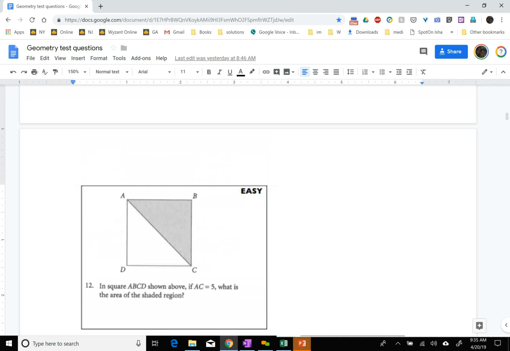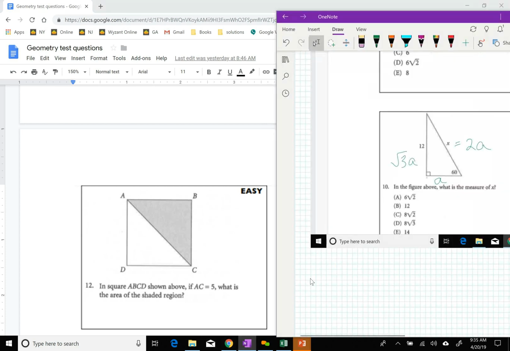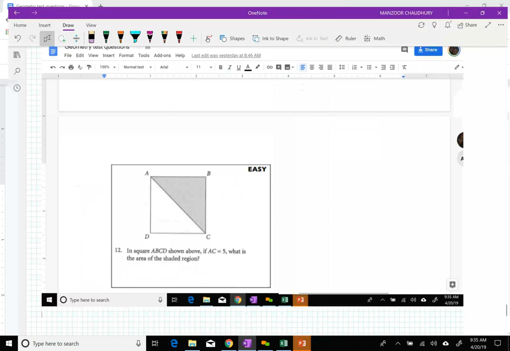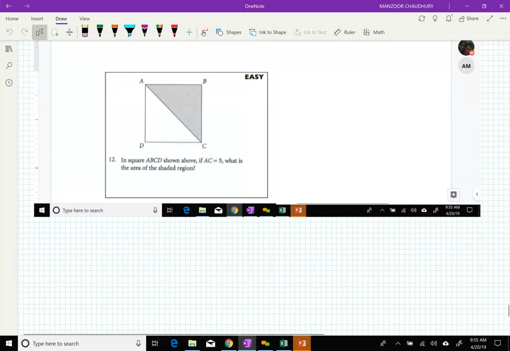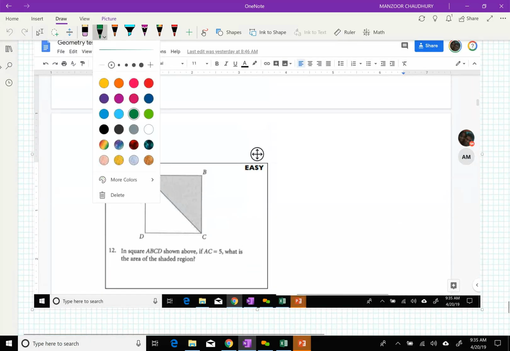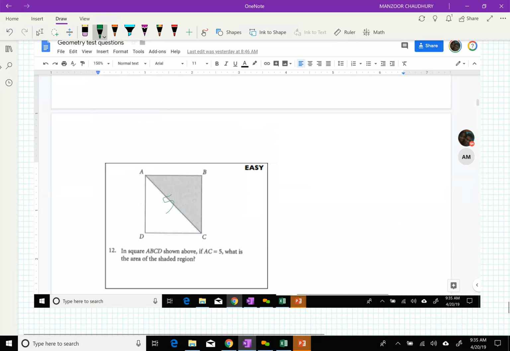You copy this. These are 5 over root 2. All these are like that. So what's the area? One half base times height.